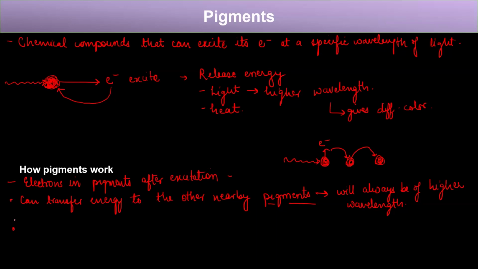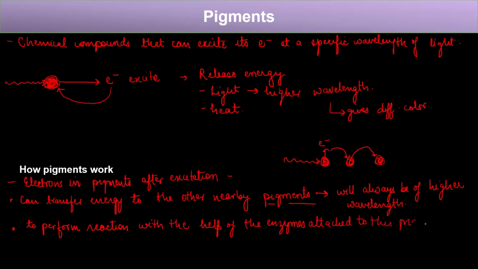After its electron excitation, this pigment can help in enzyme catalysis. So it will help to perform a chemical reaction, with the help of the enzymes that are attached to this pigment.